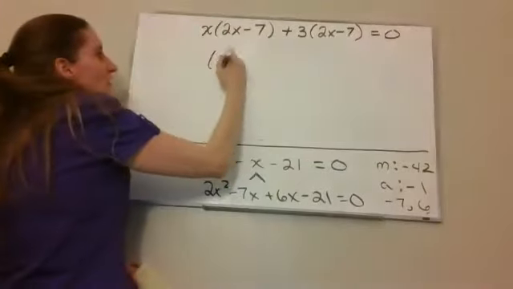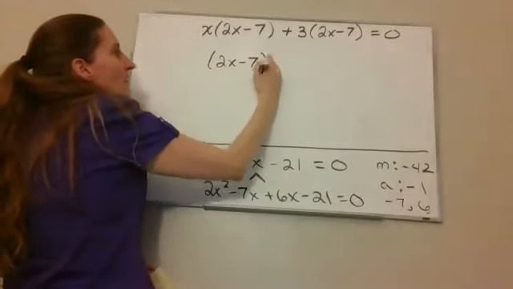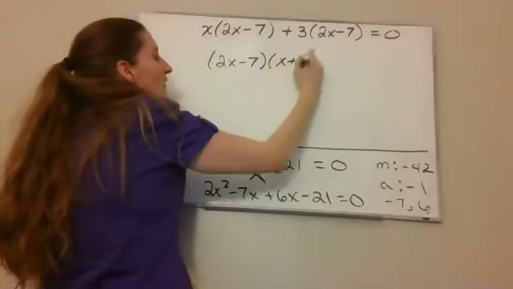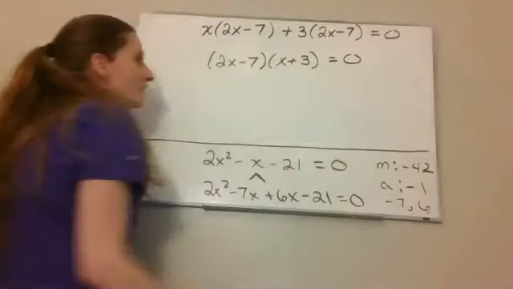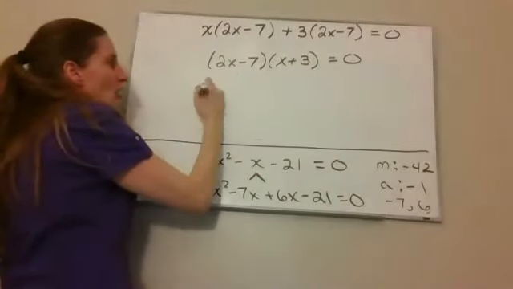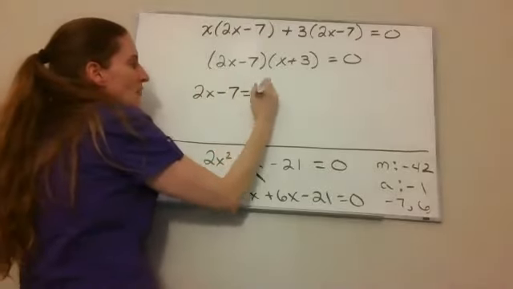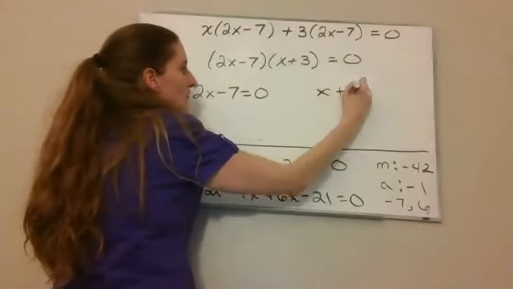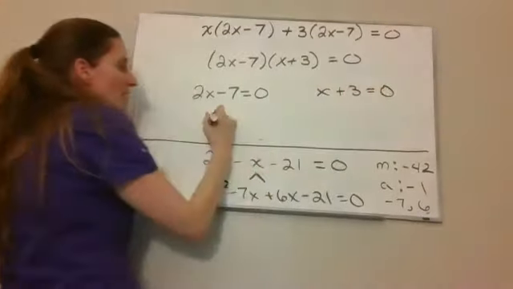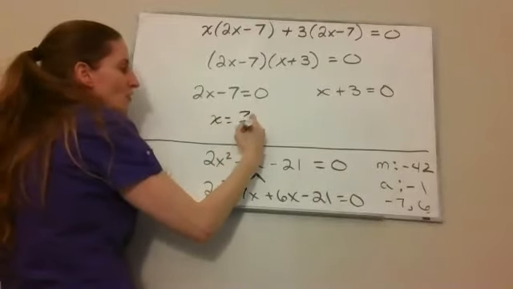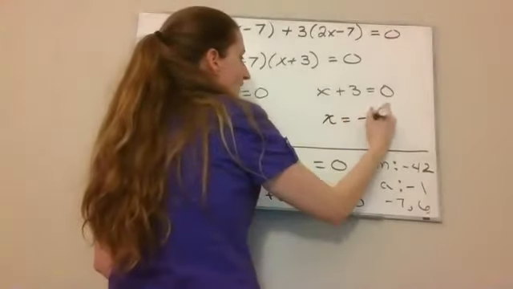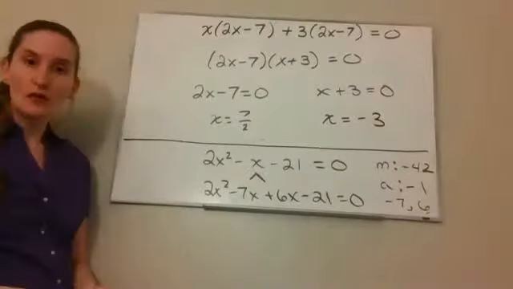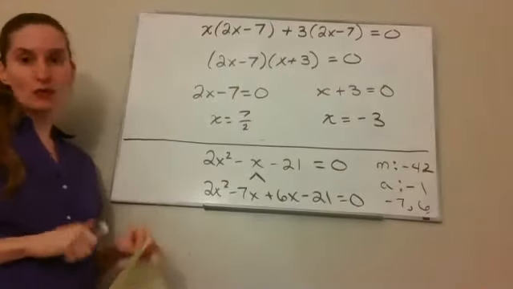So then this factors as 2x minus 7 times x plus 3. Using my zero product property, set each piece equal to 0. And I get x is 7 over 2, or x is negative 3. Those are the two values where I'm equal to 0.